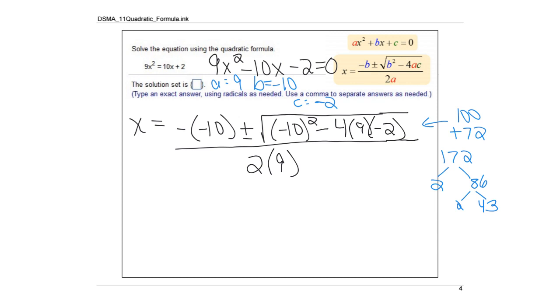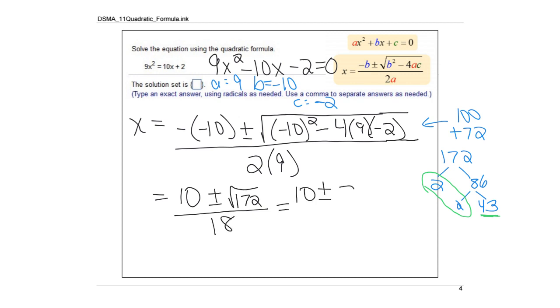All right, so we were able to pull out a pair of 2's, right here, but this 43 does not break down any further, and so I am done there. So let's go ahead. The negative of negative 10 is going to give me positive 10, plus or minus the square root of 172 all over 18. And then when I simplify my radical, I get 2 times the square root of 43 all over 18.